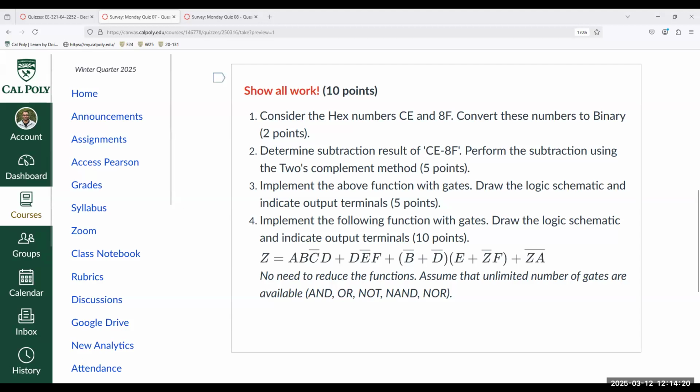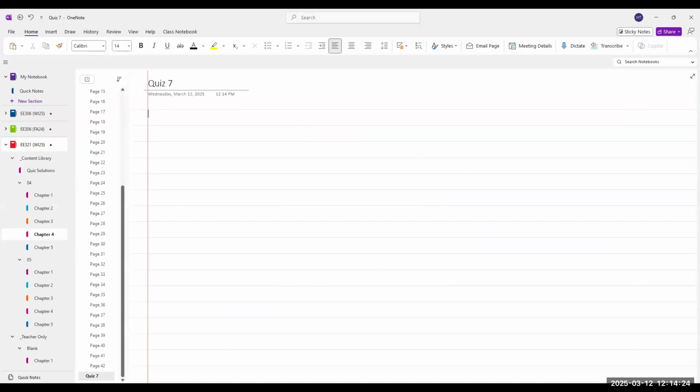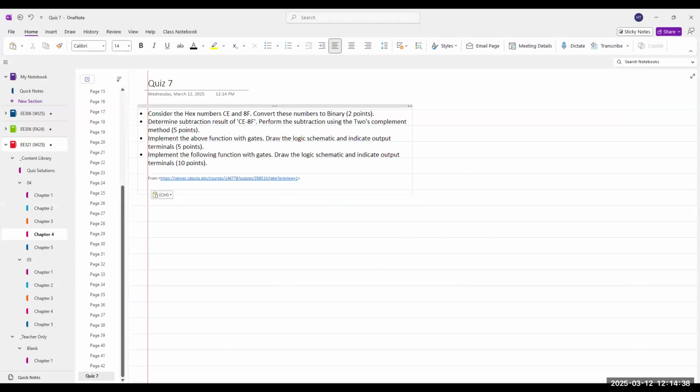The question was, consider the hex number CE8F and then implement it. So let's paste it here.